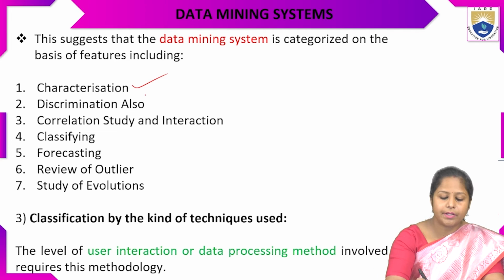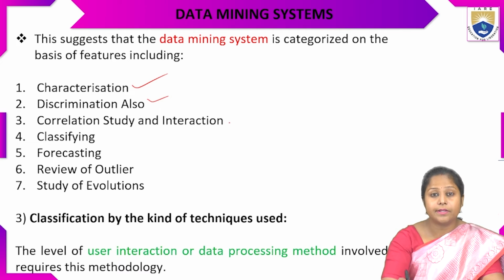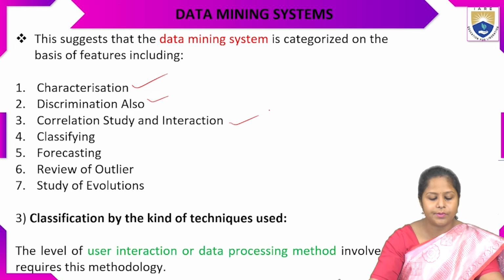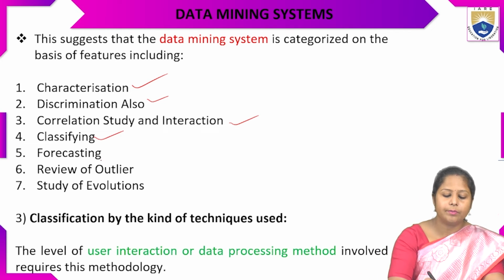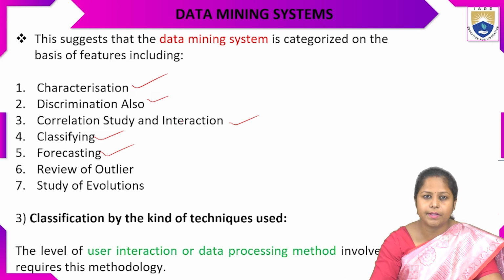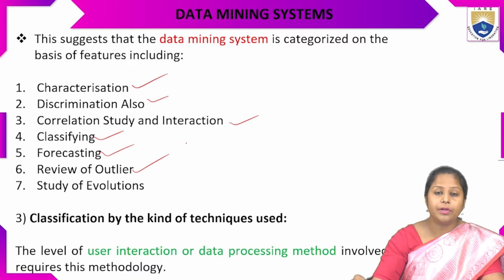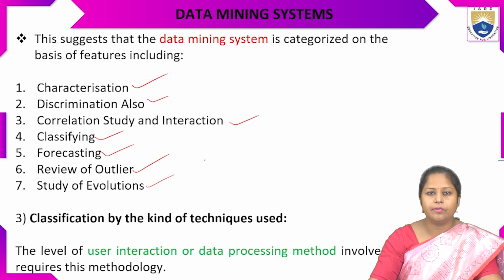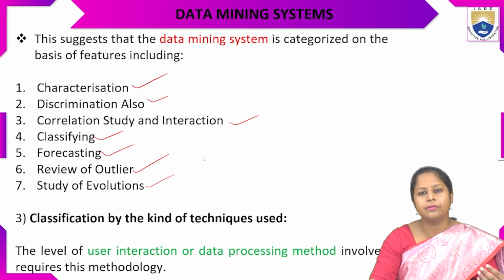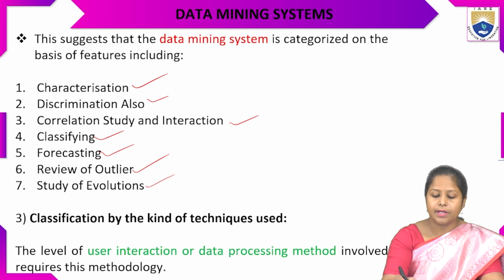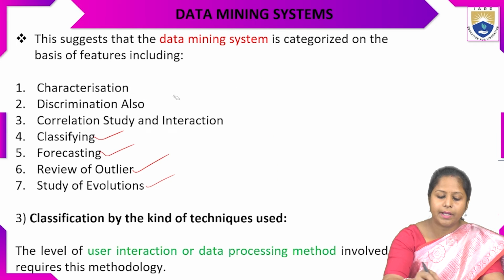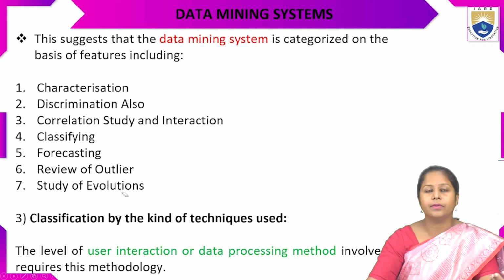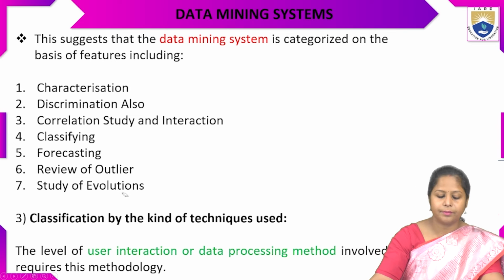Characterization, discrimination, correlation study, classification, forecasting or prediction, outlier analysis, and evaluation study. On the basis of evaluation we are going to analyze. So these are some of the features. On the basis of that, the data mining system can be categorized further.